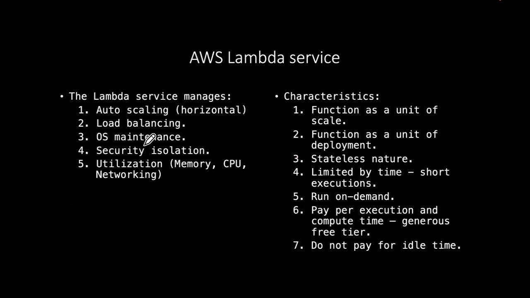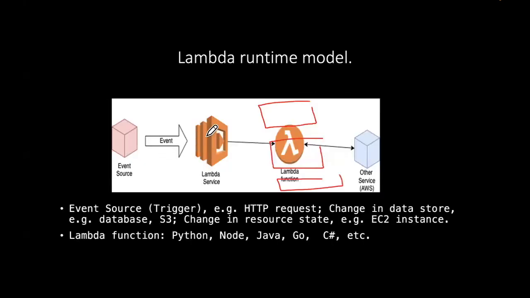Security isolation, where I was showing you on the previous slide, a number of micro VMs. Those micro VMs are completely independent of one another. So they're isolated from each other. And as well, of course, if I go back to here, this Lambda service is going to be dealing with events not just related to our application, but related to other applications of other users.